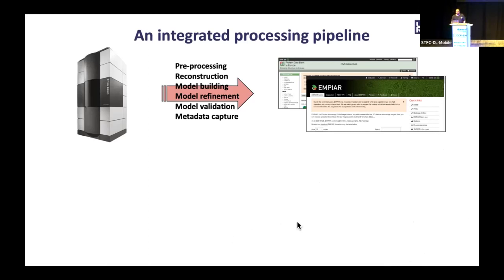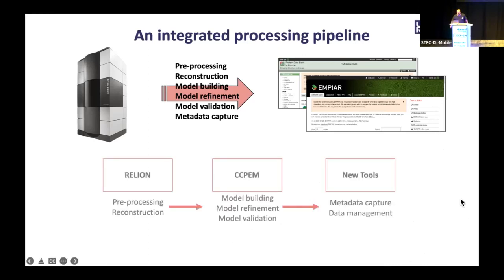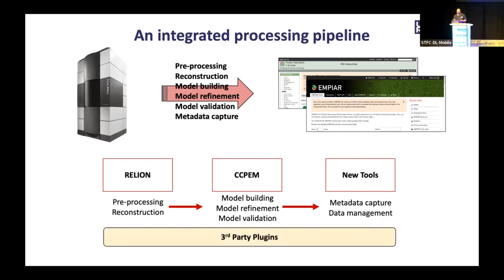We're accomplishing this through a suite of curated software: Relion for the pre-processing and reconstruction tasks, and all the current tools in CCP-EM for model building, refinement, and validation. There are also some new tools for capturing metadata and managing the data produced in this workflow. At the same time, we're not trying to be exclusive, so at any point in the pipeline, third-party software can be integrated using a plugin system.